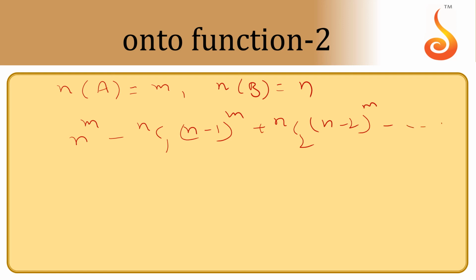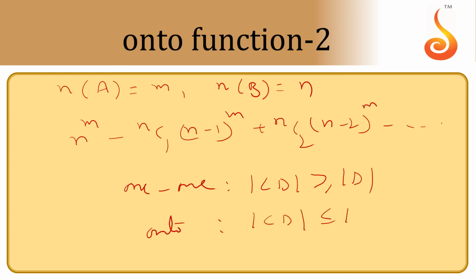And you know that for 1, 1 functions, the cardinality of codomain should be greater than or equal to the cardinality of domain. For onto functions, the condition is reverse. And if you want into functions, total functions minus onto functions, you will get.